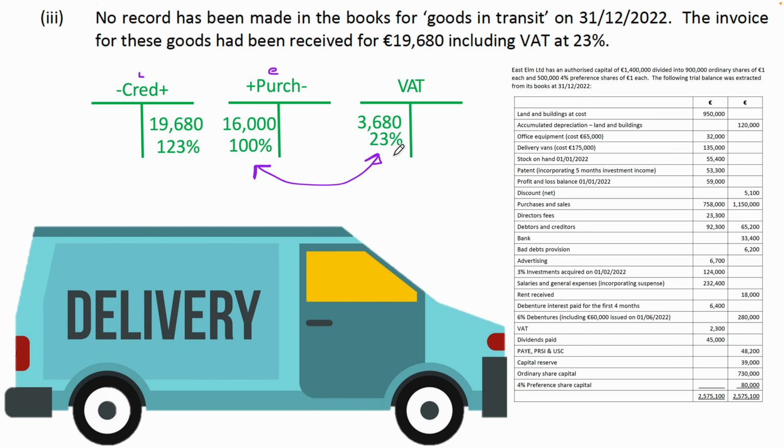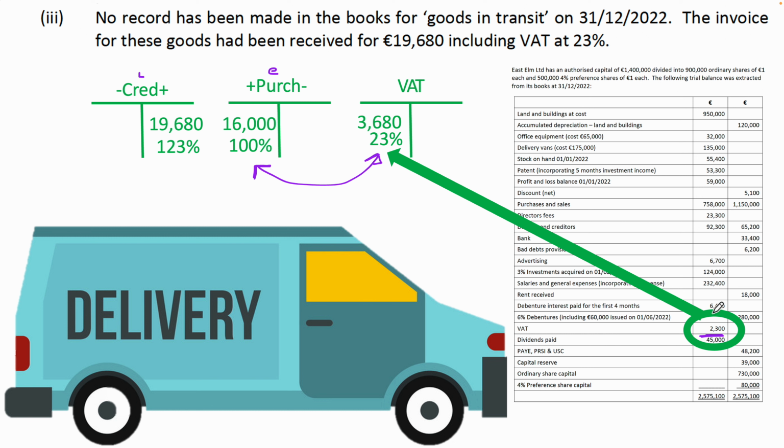We need to look at the trial balance and see where the VAT already is. You already have 2300 written into the current assets in the balance sheet. That means the VAT is going to be debited here, and the VAT is already on the debit side in the trial balance.